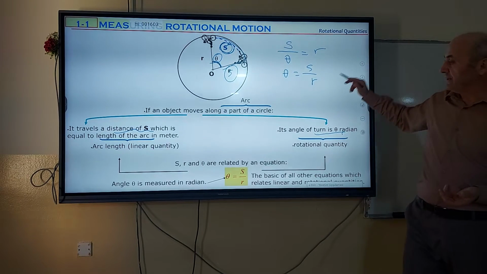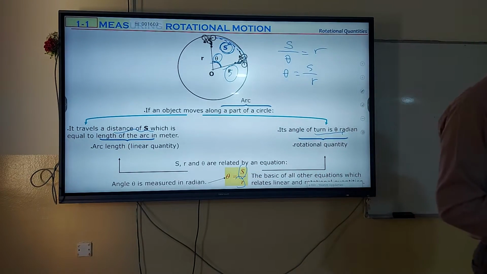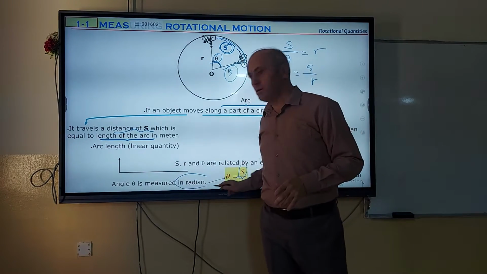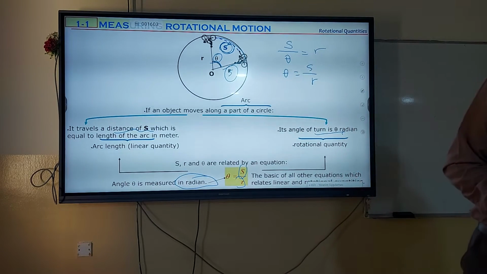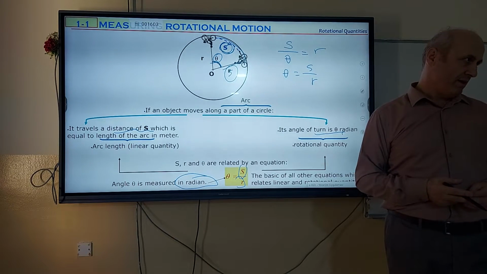And in this division, when we divide arc length by the radius, we get an angle, but this angle is going to be in radian, not in degree, because radian is the SI unit which we use in the measurement of angle.